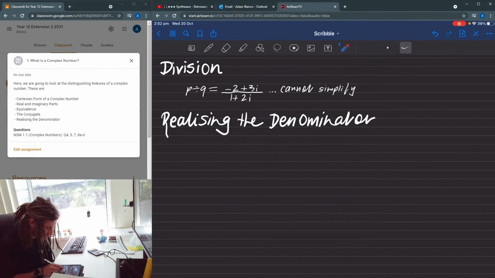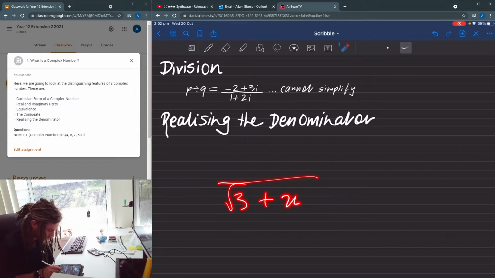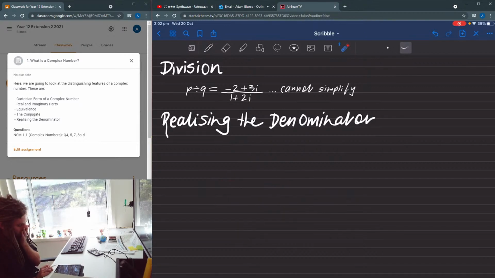Is that true? No, sorry, it's square root of 3 plus something, I believe. God, I haven't rationalized the denominator in a while. It's something like that, and then you have a minus, and you'll notice that because you have to times this by itself, the square root disappears. Actually, I haven't rationalized the denominator in ages.